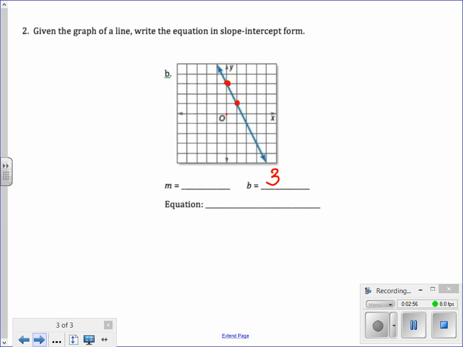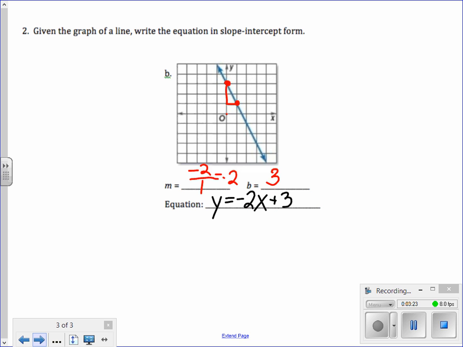I find the rise over run. So now it looks like I'm going down 2 over 1. So down 2 over 1 would be my slope. That's just equal to the number -2. So when I write this equation, I always put y equals, the slope comes first, -2, always an x, and then the y-intercept, plus 3.